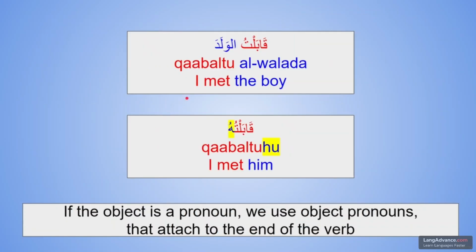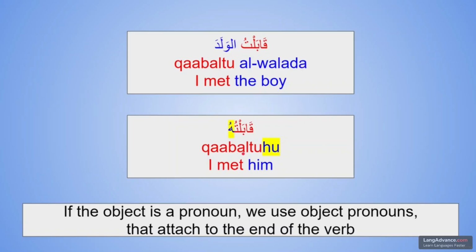And then let's move to something very important, which is that we can use an object as a noun or a noun phrase. So I can say قابلت الولد, I met the boy. And alternatively we can say I met him.